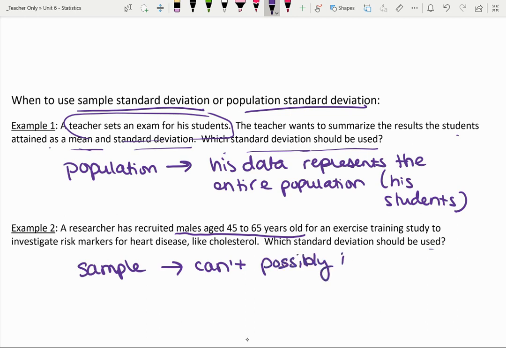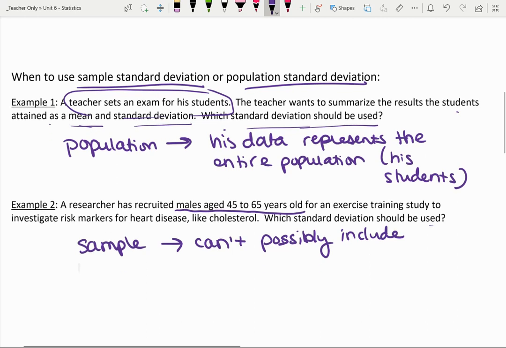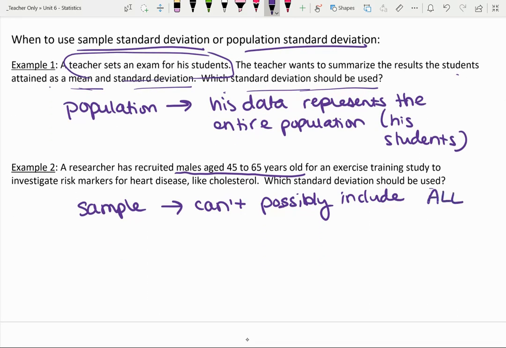So we can't possibly include all men 45 to 65 years old. So his data, I'm assuming about the researcher there, represents a sample of the larger population.